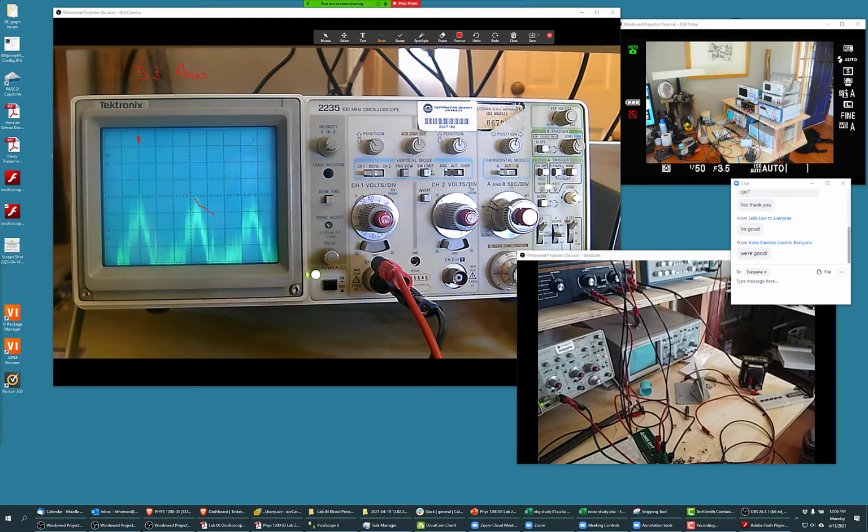They are centimeters. And then over here, in the time section, I see 5 milliseconds per box, 5 times 10 to the minus 3 seconds per box. And that's how I measured the period.